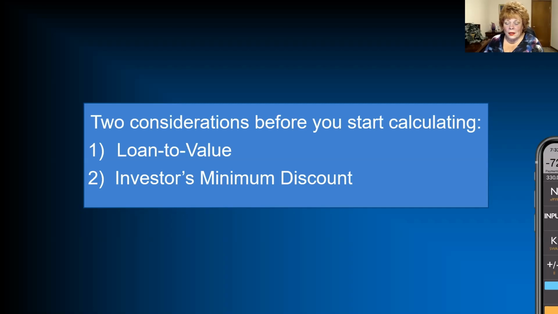If the current balance is, let's call it, $73,000, okay, and they pay $73,000 for that note, and maybe they've got some closing costs, title costs, and appraisal. Maybe they have $1,500 of expenses in it.